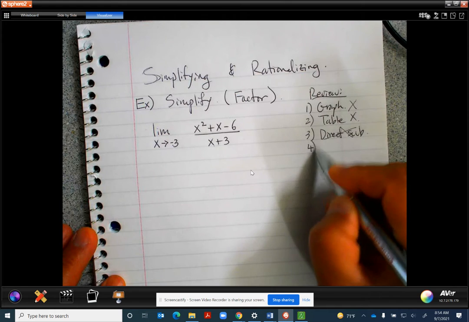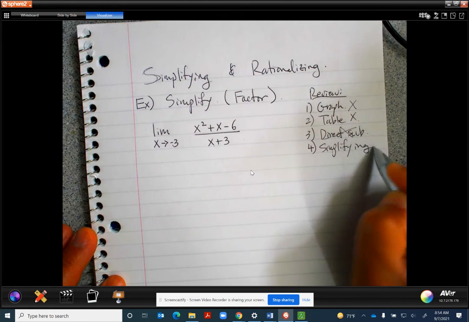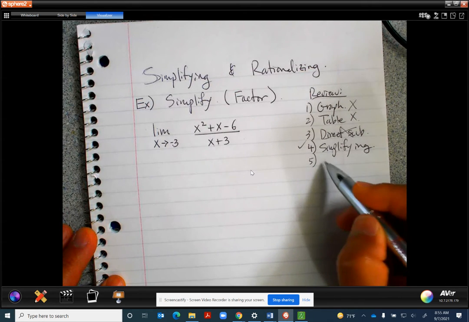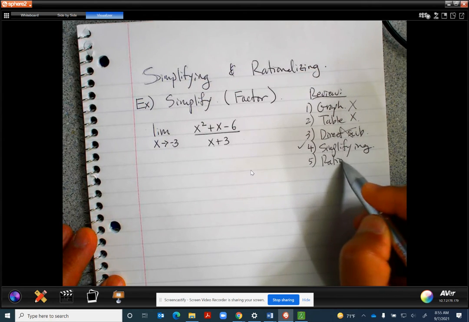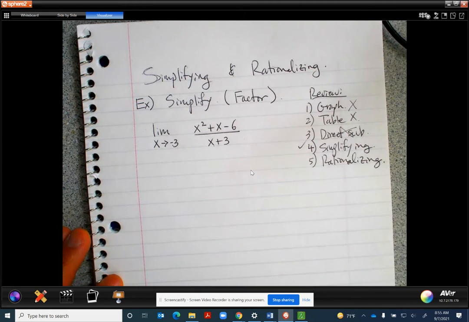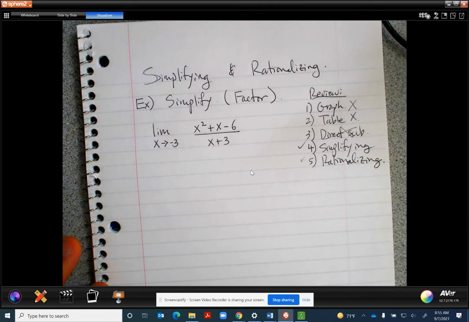So we're going to use the simplifying method, which is factoring, which will be number 4, and number 5 will be rationalizing. We're going to go over this in a little bit, after this example. We're going to concentrate on simplifying and rationalizing today.